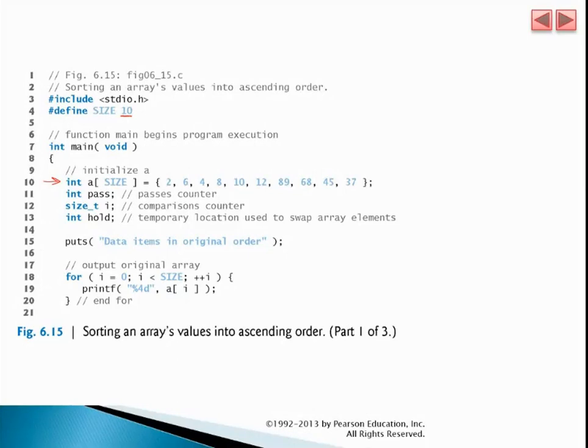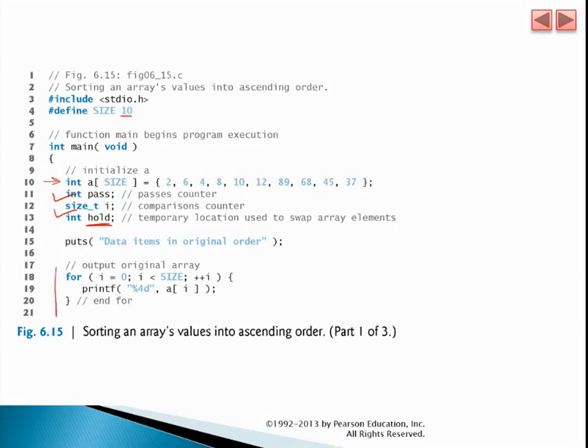One will show you the pass, and the second, within one pass, you have to run one more loop for n minus 1 times. So you need two counter variables. And when you want to do the swapping, you need one temporary variable, hold or temp, anything you can name it. So these are the variables we need.